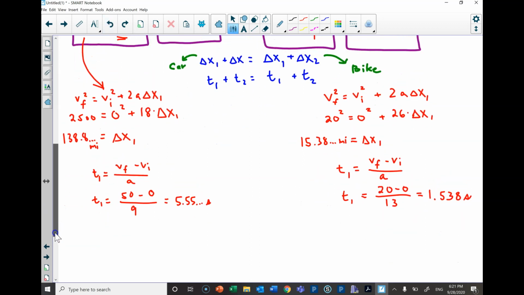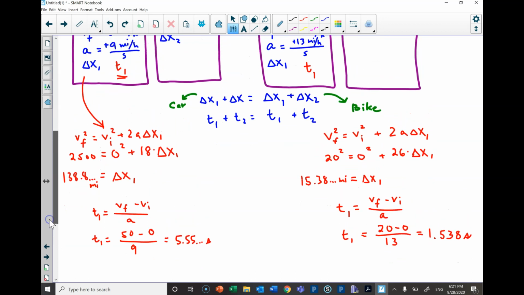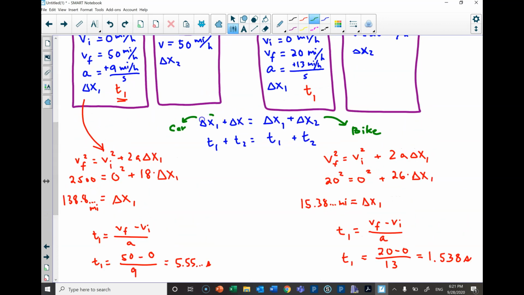Where does this leave us? Well, we have some really good information about delta x1 and delta x2. We know those values. Can we find an expression for delta x2 for each of the objects? We know their first displacements. Can we get their seconds?